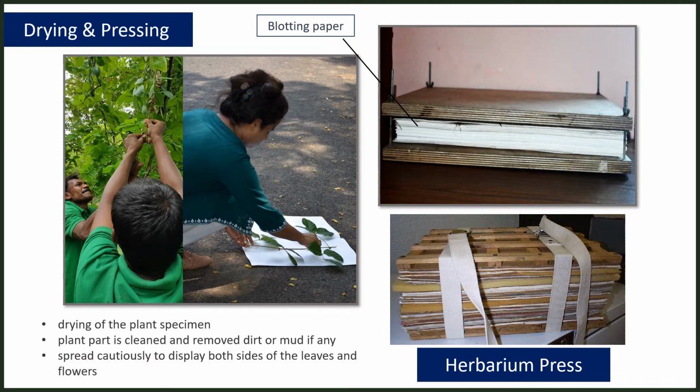Depending upon the moisture content of the plant, you have to make sure that the blotting paper is changed continuously. For example, if it is an aquatic plant, you have to make sure that the blotting paper or the newspaper is changed twice in a day.